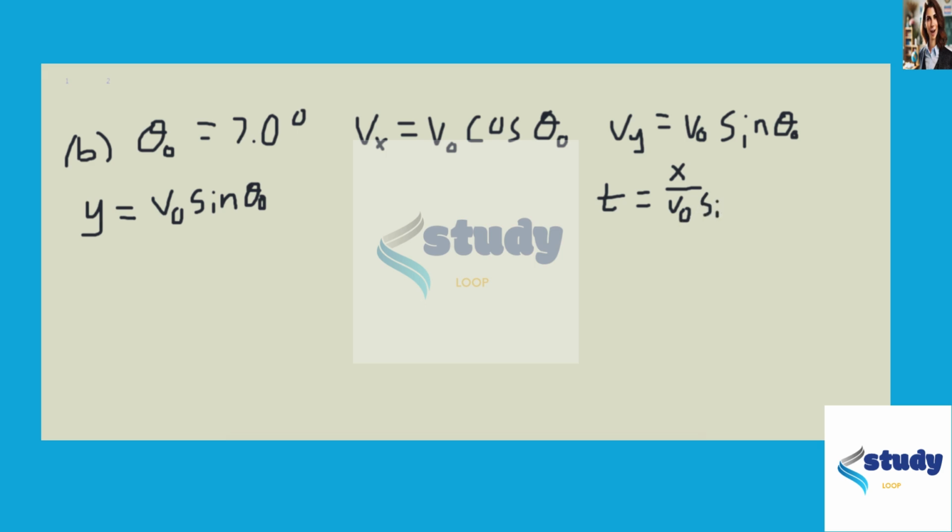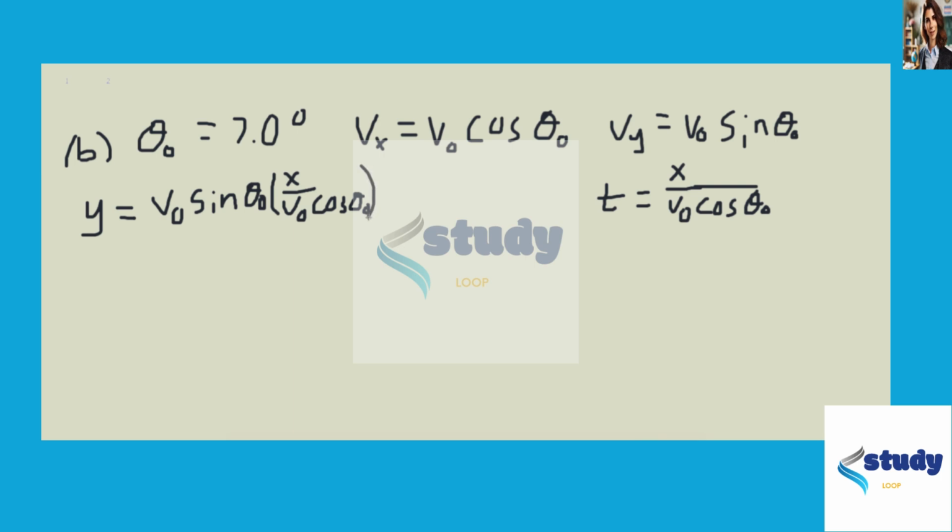Or I'm sorry, vx, because we're talking about the time in the x direction. So it's v naught cosine theta, all in the denominator. So when we plug in time here, we're going to have to use that expression for our time. So this is going to be multiplied by x over v naught cosine theta naught.